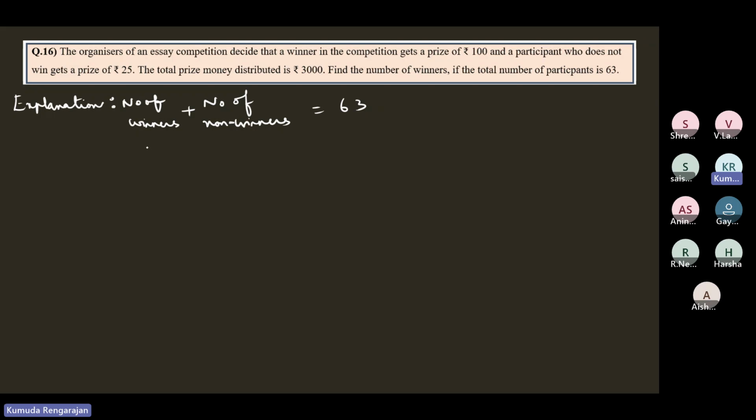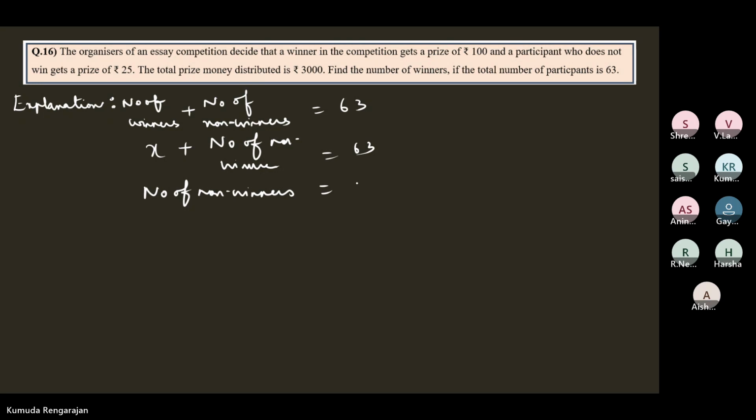If you call the number of winners as X, plus number of non-winners is equal to 63. So number of non-winners will be what? 63 minus X. So this is the explanation.